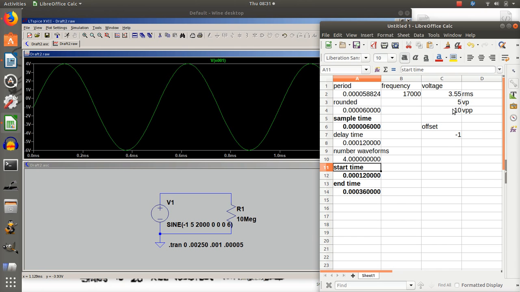For my voltage, let's say I'm doing square. Let's say somebody gives me a 4 volt peak square wave, so that'd be 8 volts peak to peak. And what we did in here is I did the 0.71. Well, that only works for a sine wave. My peak is my RMS for a square.